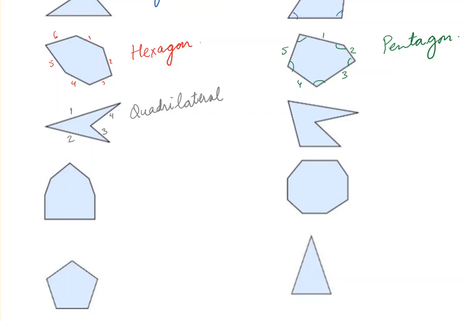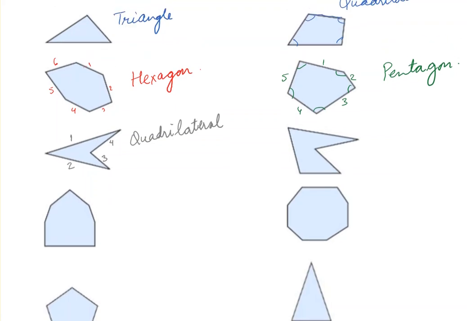But what is different between this quadrilateral and the one we have seen before is, okay, so let me just highlight it. So I'm talking about this quadrilateral and I'm talking about this quadrilateral.